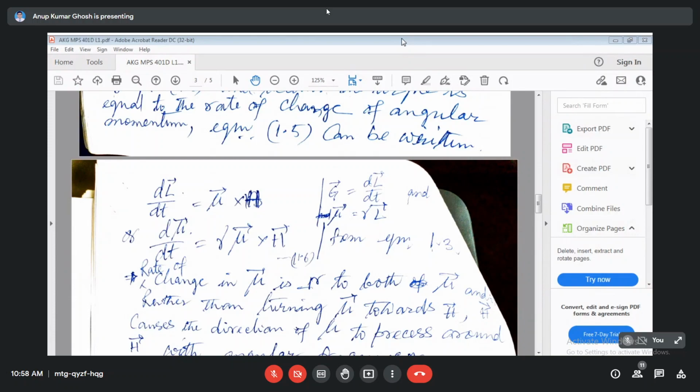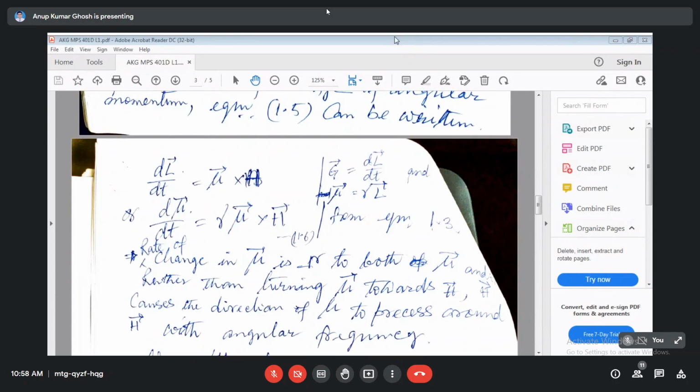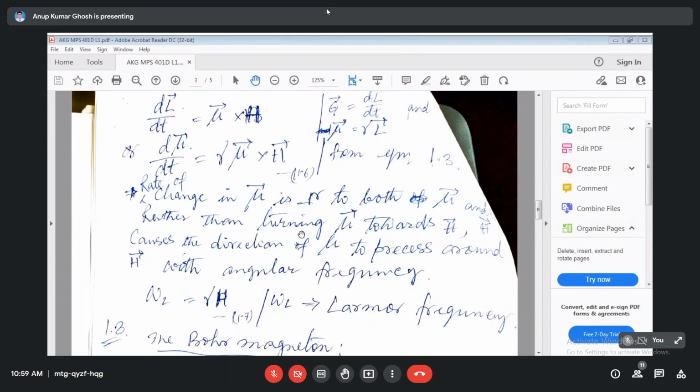So dL/dt equal to mu cross H, and L will be 1 by gamma into mu, so d mu/dt equal to gamma into mu cross H.